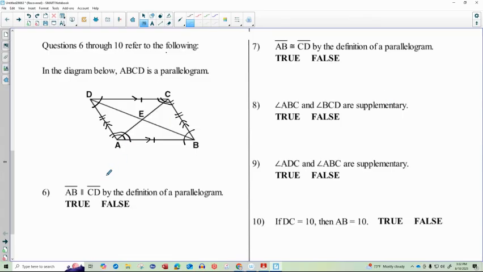So let's run by these really quickly. AB is parallel to CD. That is true. That AB is also congruent to CD. That's true.